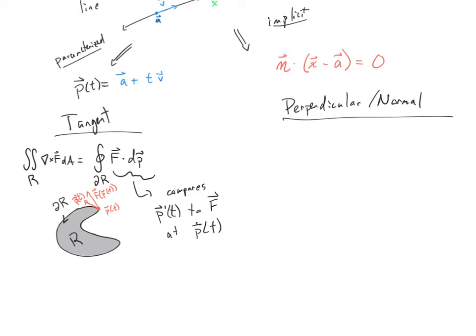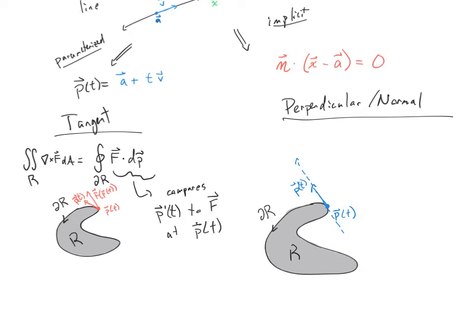The orthogonal or normal way of looking at this picture looks a little different. We take the same region, here's a similar looking region, and at a point, so here's my point P(t), what I want to compare is the tangent direction. So here's the tangent line, and I have parallel along it P prime of t.